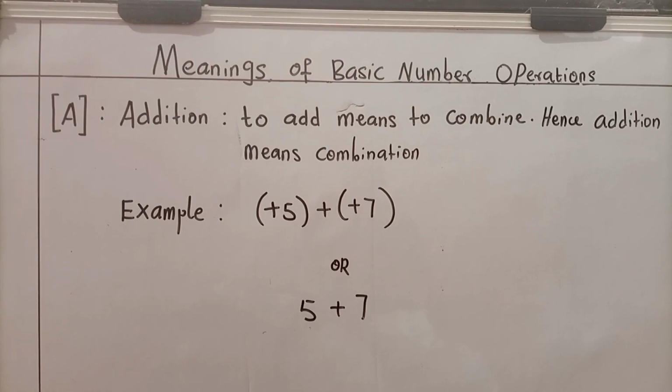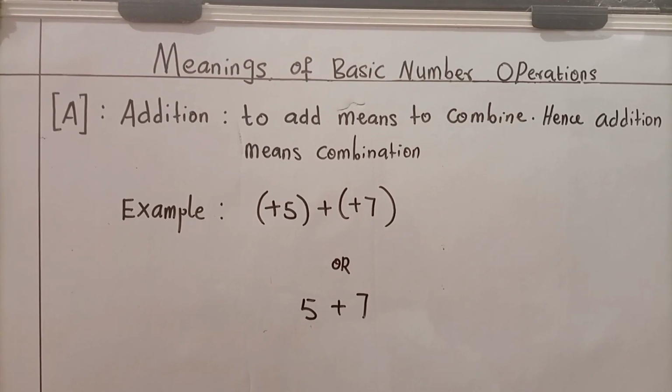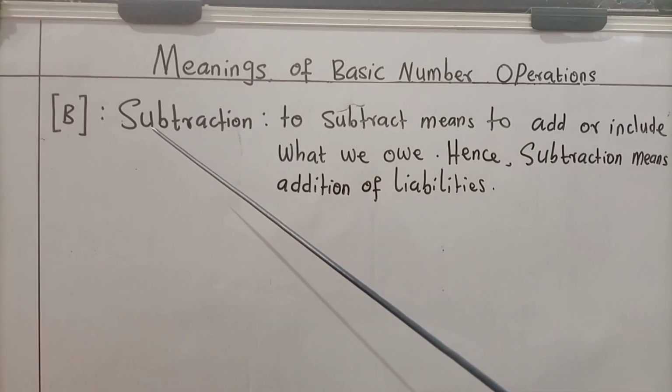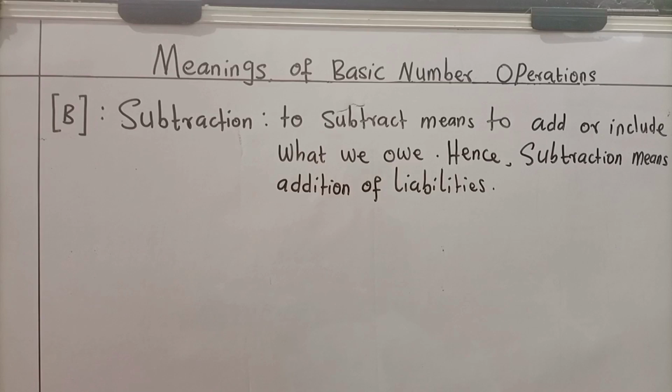What about when liabilities began to come? Let us find out with the next type of number operation, that is subtraction. Let's see. And that takes us to number B, that is the meaning of subtraction. Already you can see that to subtract means to add or include what we owe.